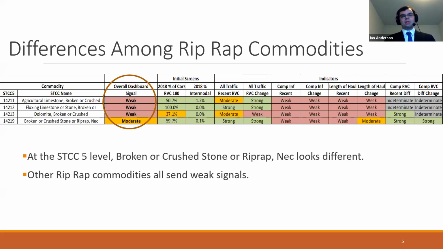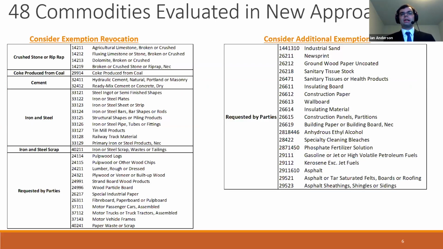A similar distinction is visible in the area of crushed stone, where clear differences can be seen with respect to agricultural limestone, STCC code 14211, and riprap, STCC 14219. The new approach looked at 44 commodities at the 5-digit and 4 commodities at the even more refined 7-digit STCC level.